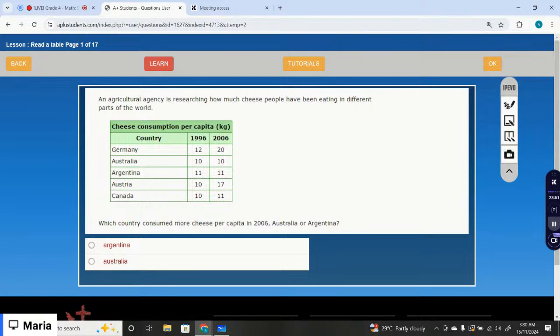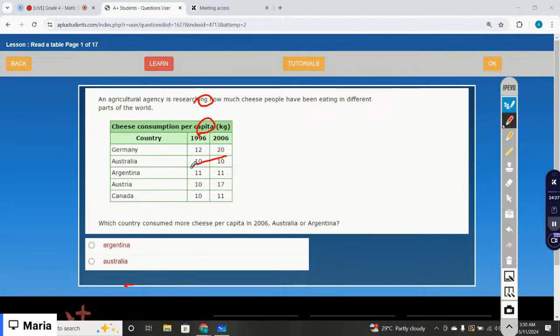Which country consumed more cheese per capita in 2006, Australia or Argentina? Argentina and Australia.